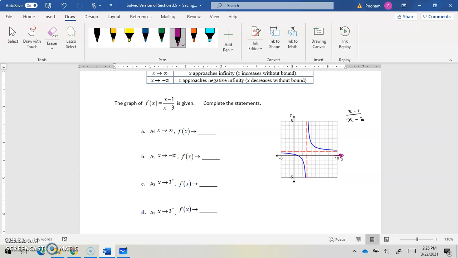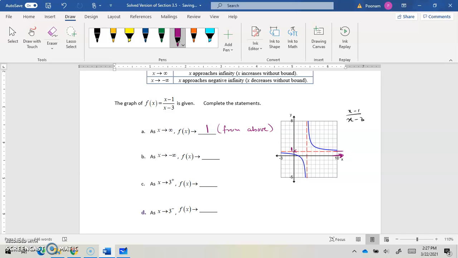It is approaching a value which is as close to this horizontal line. What is this horizontal line value? 1. So that means f of x is approaching 1 from above. It's coming from above and slowly it's approaching that value which is at 1. Okay, so f of x is approaching 1 from above.